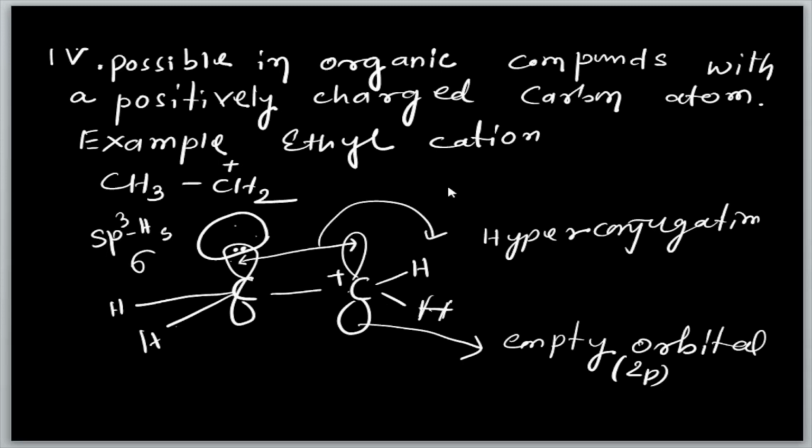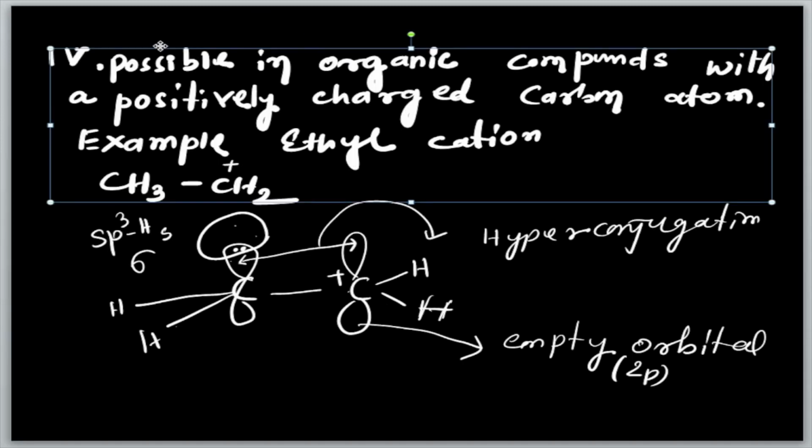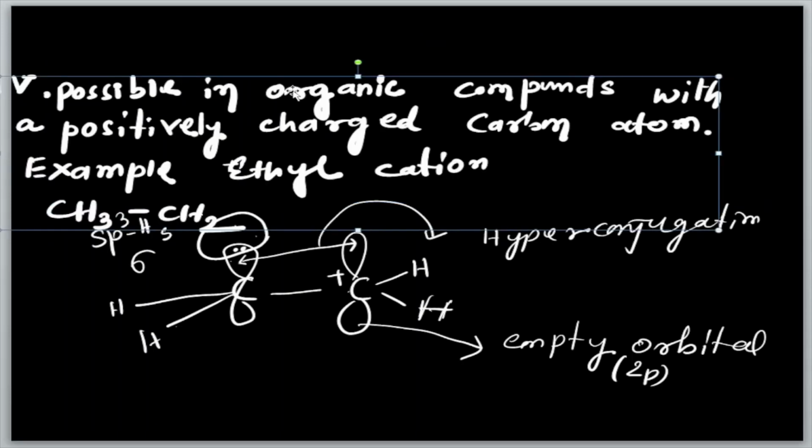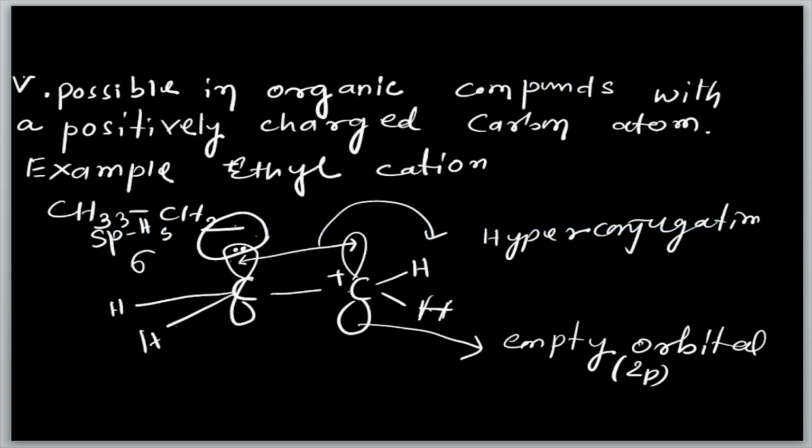In organic compounds, for example, here you can see CH3CH2 with a positive charge. If there is a positive charge, that is called the ethyl cation.